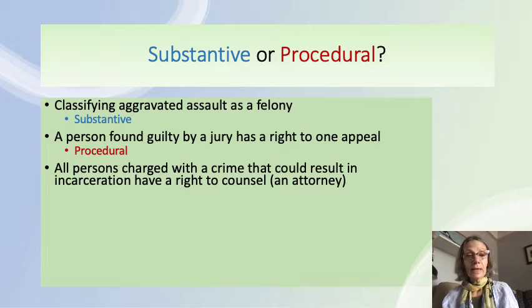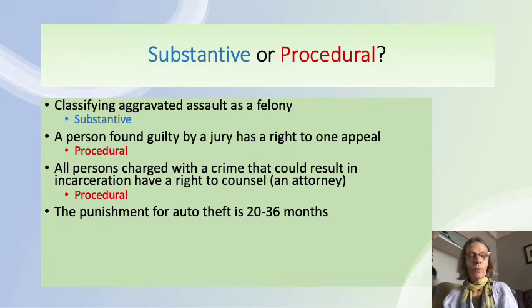Is that about process or substance? It is process, procedural criminal law, because it's telling us if you're charged with a crime, there's a process that needs to be followed, that you have a right to counsel, and if you can't afford counsel, one will be provided to you by the state. How about the punishment for auto theft is between 20 and 36 months? Procedural or substantive? Substantive, because it's the substance. It's telling us about what the punishment is for a crime that you committed.